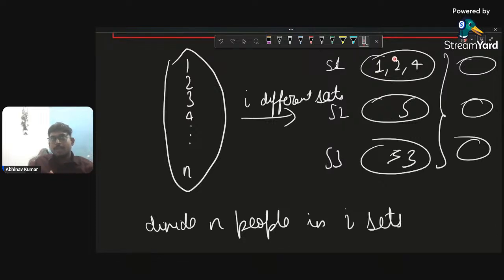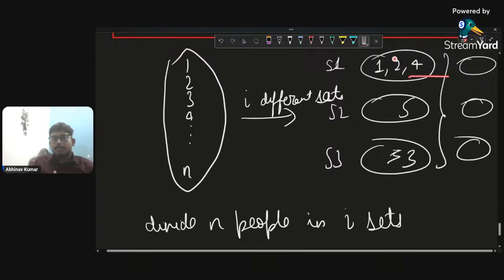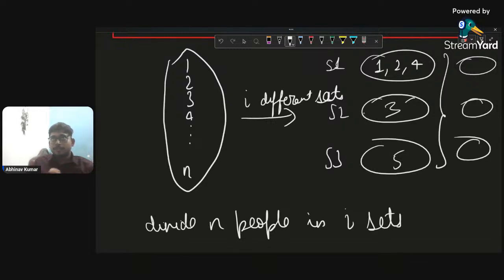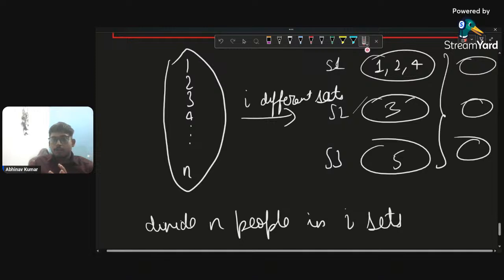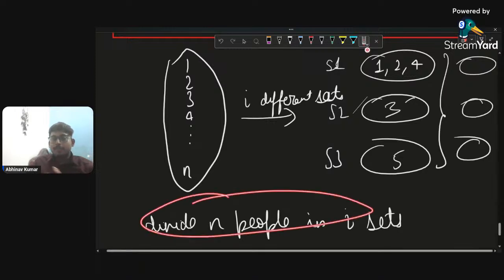So here you can manage every case, as I'm considering sets, not events. Sets basically mean that 1, 2, 4 are grouped in one set, 5 in another, and 3 in another. If we write a 5 here and 3 here, they both are the same thing. The grouping is still the same: 1, 2, 4 in one, 3 in another, 5 in another. So I hope you understood what I mean by dividing n people into I sets.